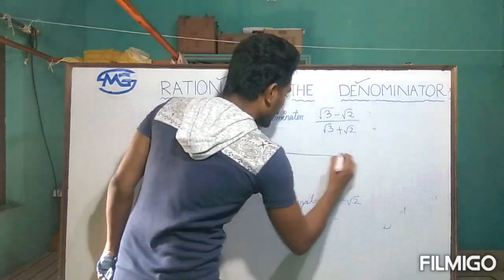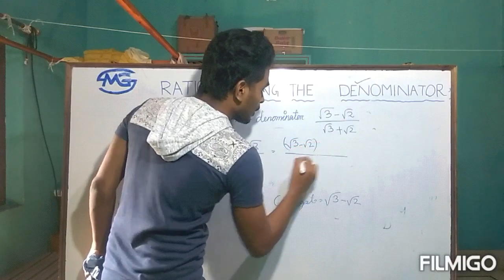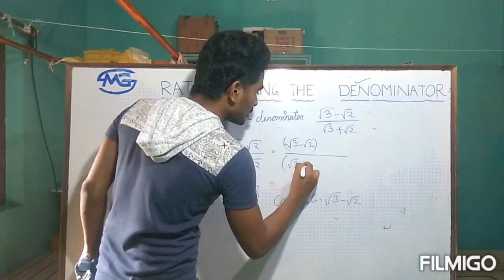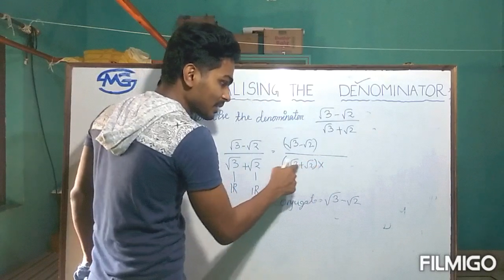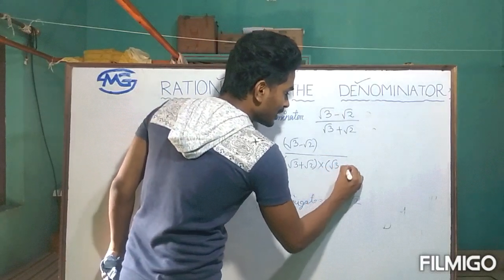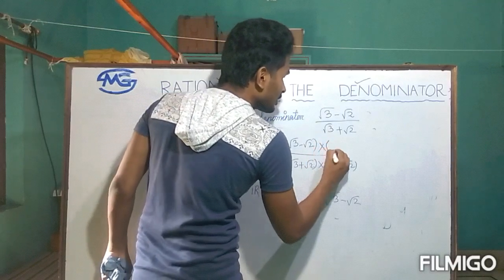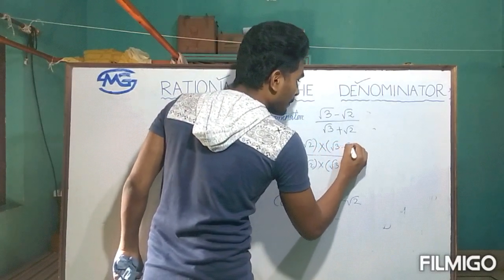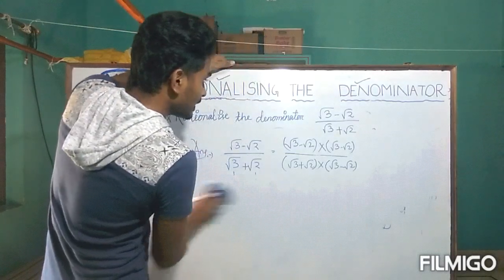So we have the question, root 3 minus root 2 divided by root 3 plus root 2. Now we multiply its conjugate, root 3 minus root 2, with the denominator. The same number is also multiplied with the numerator. Done.